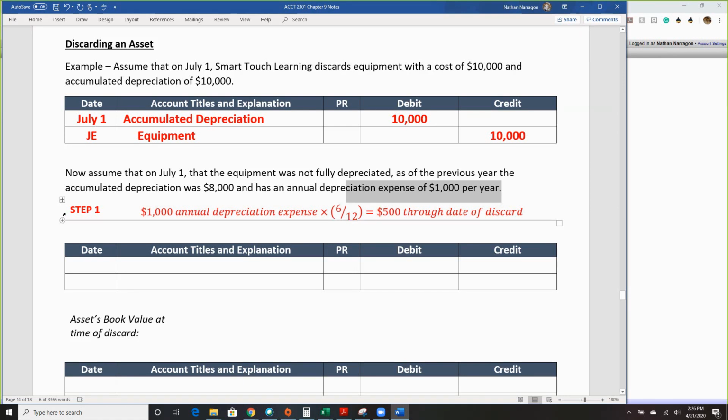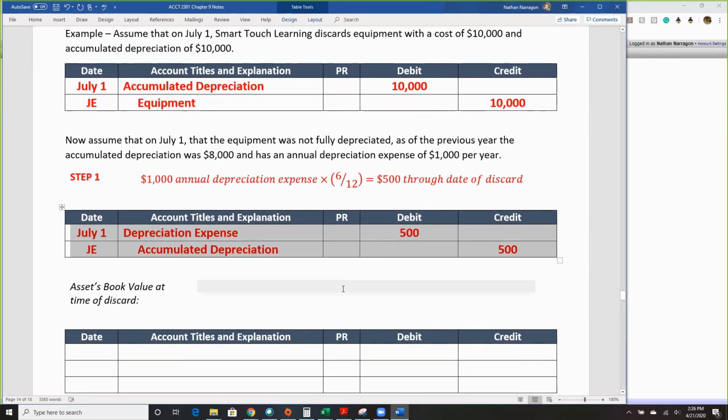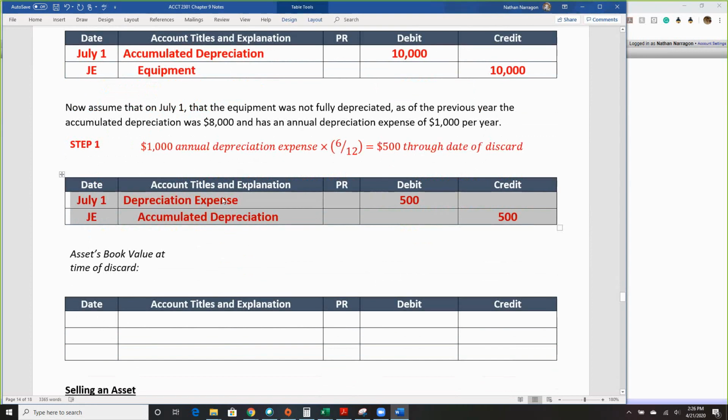So this is step 1. Here, notice I didn't have a step 1 since it was fully depreciated. So, we have to account for that $500. Depreciation expense will get debited, and accumulated depreciation gets credited. Okay? So that's for our partial year.